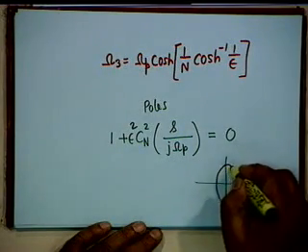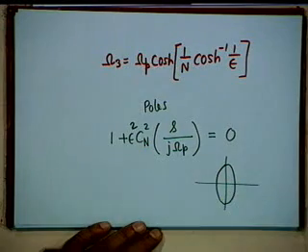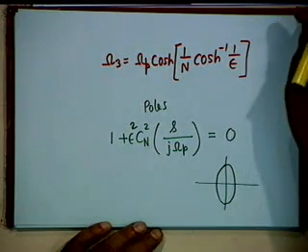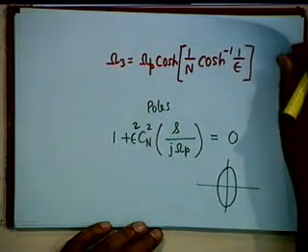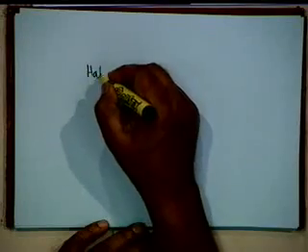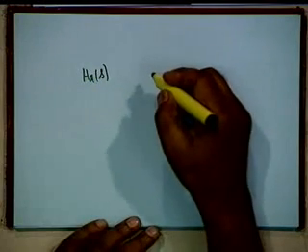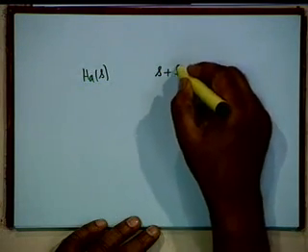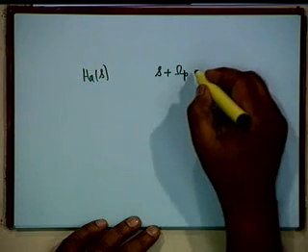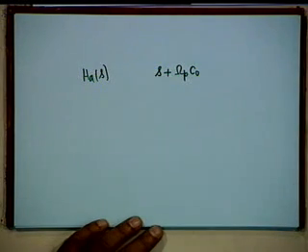In the Butterworth case, poles are located on a circle, and the pole locations are such that finally the transfer function Ha of s, we shall simply give the results, has factors of s plus omega p times C0.